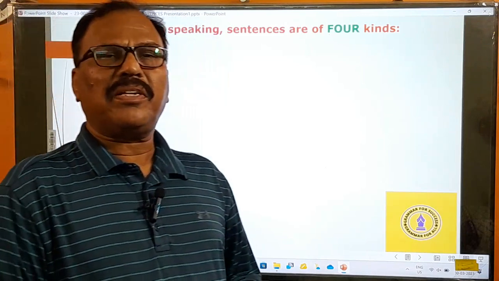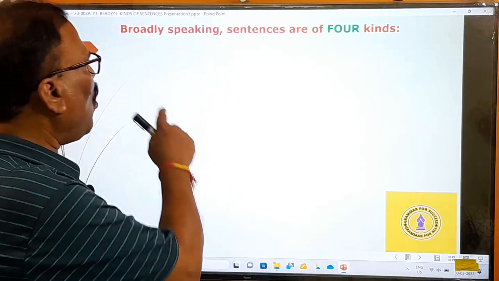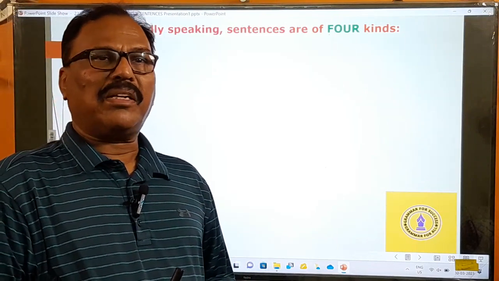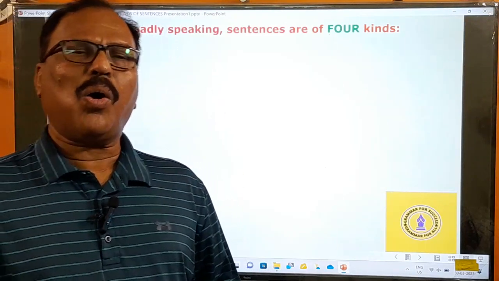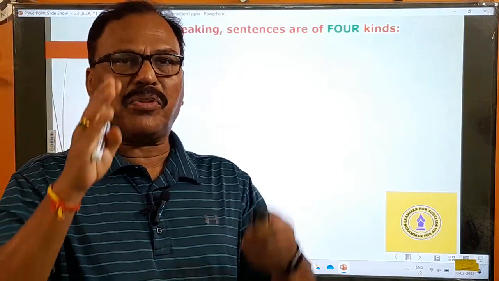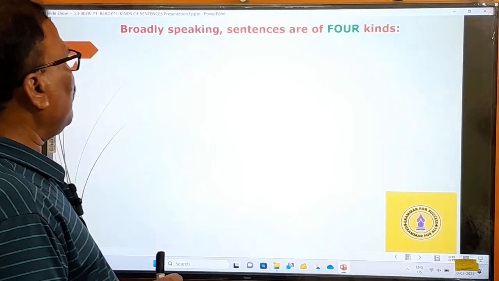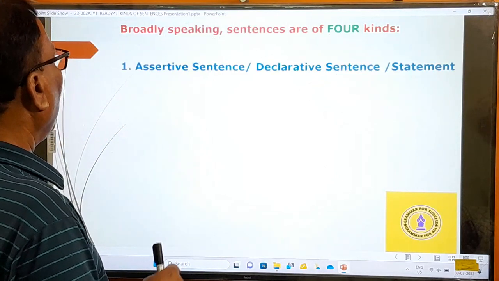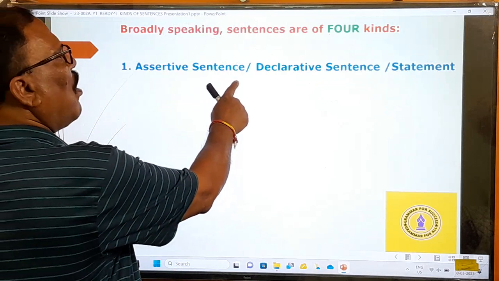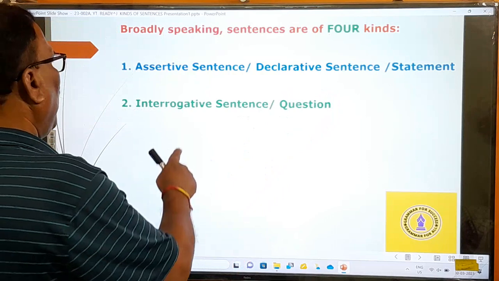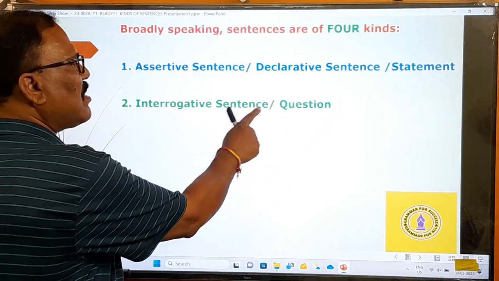Dear learners of English grammar, broadly speaking, there are four kinds of sentences. The grammarians have divided all the sentences just into four groups or four categories. What are they? Here you see: number one, assertive sentence or declarative sentence or statement. Number two, interrogative sentence or question.